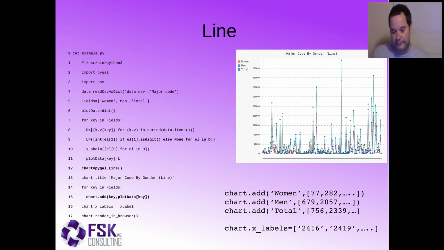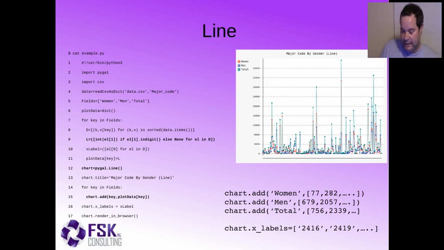Rather than spend time on how the dictionaries are laid out, if you look at the bottom right, that's how these statements would essentially evaluate. I have a chart. I want to add women as my series title, and then a list of Y components, followed by men, followed by total.